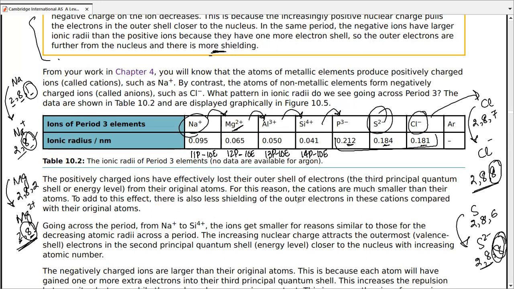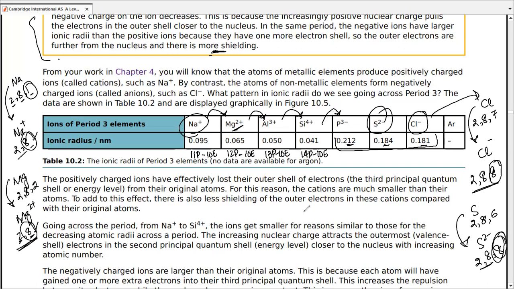Try and understand that every time you're adding a proton, but the number of electrons after the whole losing electron scenario remains the same. So every time you step from left to right, you're attracting them with a stronger force of attraction, because 12 protons to 10 electrons is a bigger ratio, bigger attractive forces. 13 to 10 is an even bigger one, and it continues to silicon.